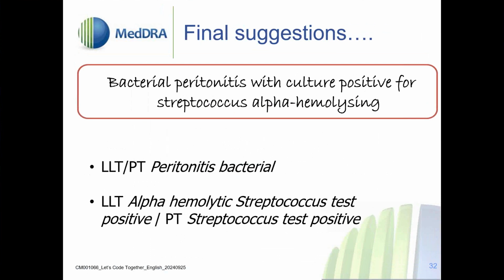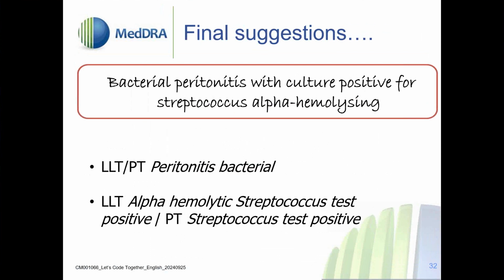Yeah, but we really don't know the exact background of this verbatim. As I said, it could be that it is a bacterial peritonitis that is reported, and we have a term for that. And the positive culture of the streptococcus alpha-hemolysing could relate to a completely different condition, could be an abscess whatsoever in the patient.